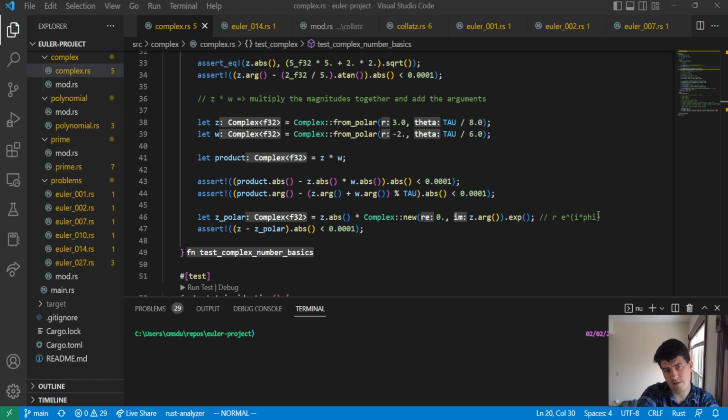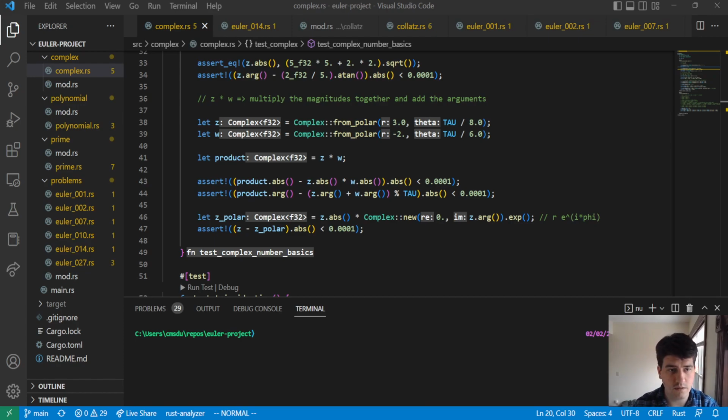Let's call this from Eisenstein. And Eisenstein, and it's not going to be 0, 1.